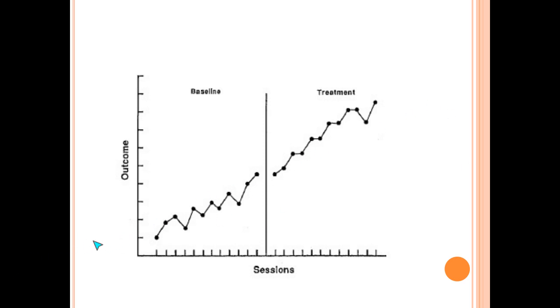We no longer have evidence for a functional relationship. The participant is going in that upwards direction anyway, no matter if I'm putting on treatment. And the demonstration of an experimental effect is now being ruined. This is not a good baseline.